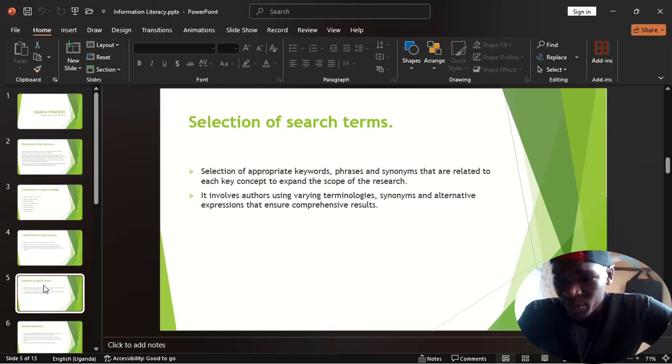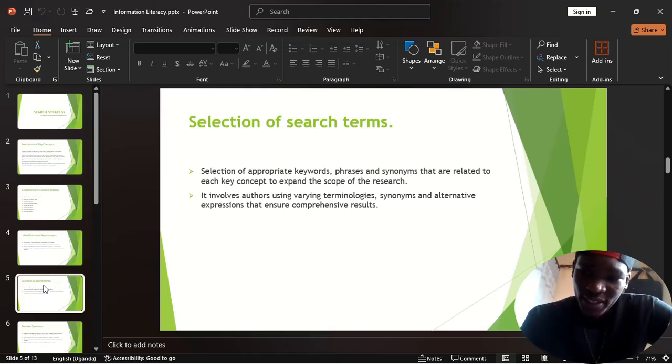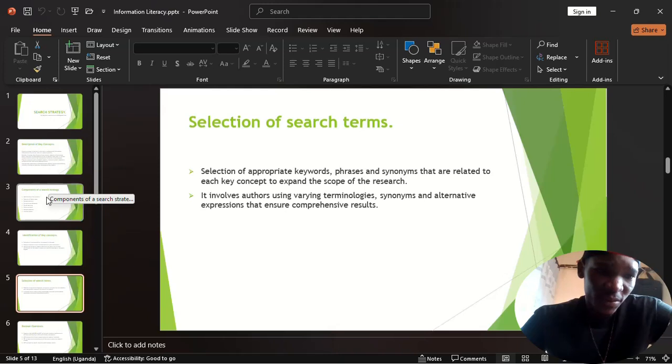Related terms can be climatic variability and weather or alternative weather, like that. Those are some of the search terms that you use when you're doing research on this particular topic. Those are the two search strategies that I'll talk about in this video.